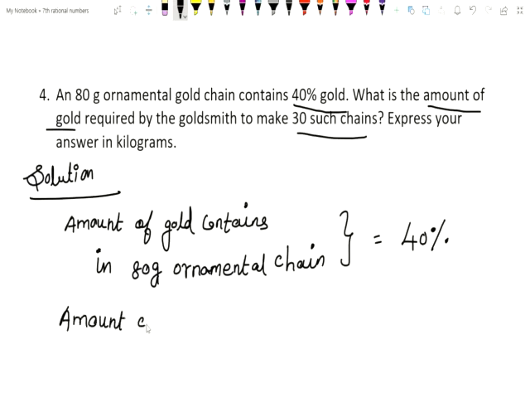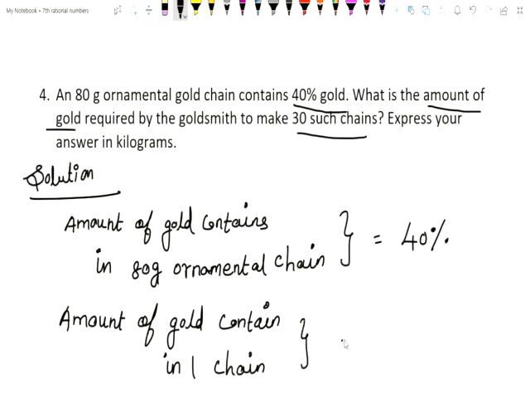Amount of gold contained in one chain equals 80 into 40 by 100. 40%, how can you write this? 40 by 100.